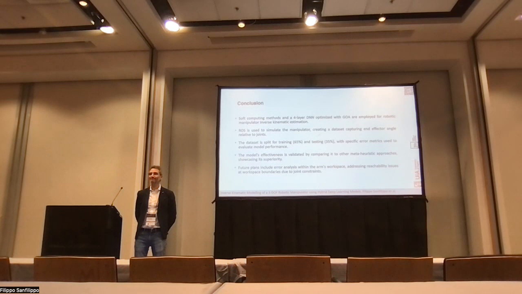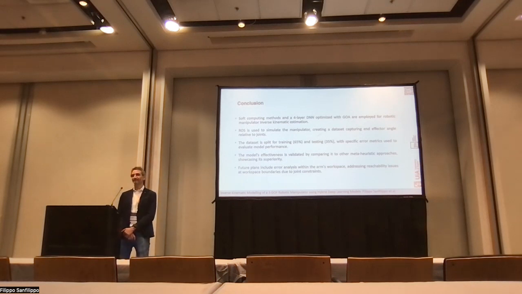Thanks for the very nice talk. You mentioned in point two of the summary that we created the data set based on ROS. So did you set robot joint angles and let ROS calculate the forward, the direct kinematics, and then have a set of joint angles and XYZ positions to use for training?